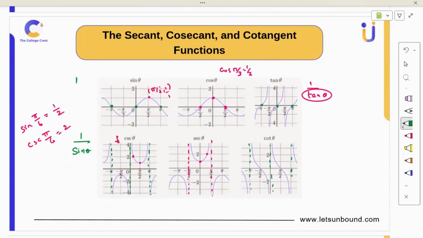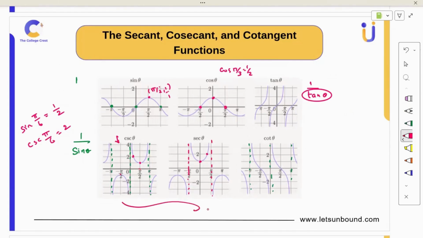And wherever tan has asymptotes, like at pi by 2 and negative pi by 2, cot crosses 0. So wherever tan crosses 0, cot has a vertical asymptote. Tan has a vertical asymptote, cot has the crossing there. This is the way we connect sine, cos, tan with cosecant, secant, and cot theta.